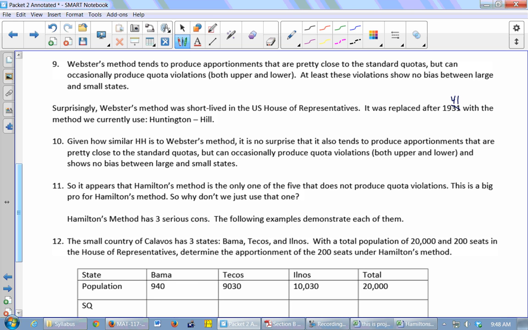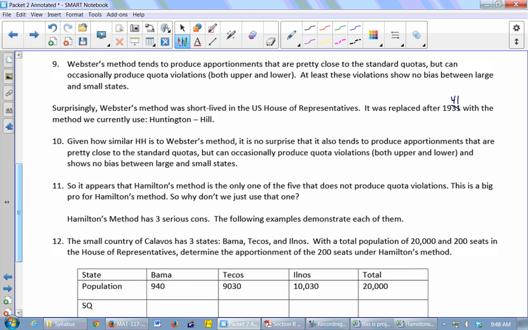All right, so it appears that Hamilton's method, of the 5 that we studied, is the only one that does not produce quota violations ever, right? Even though Webster's and Huntington Hill produce them rarely, which is good, Hamilton's never does. So that's a big plus for Hamilton's method.